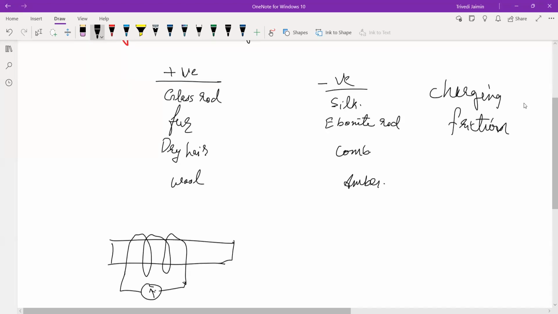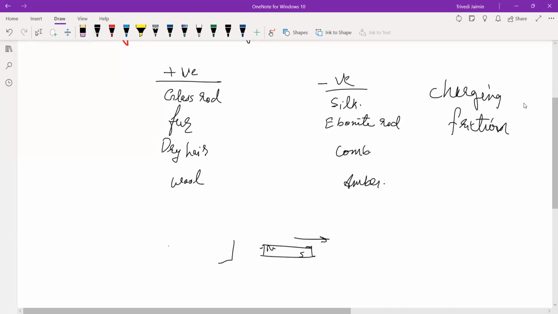This is a solenoid, and I'm bringing some magnet, north and south. If I bring it inside, the galvanometer will get deflected in this direction, and if I bring it outside, it will get deflected in the other direction. So the galvanometer shows there is a current moving inside the coil. Without touching, it is inducing current. That is charging by induction.